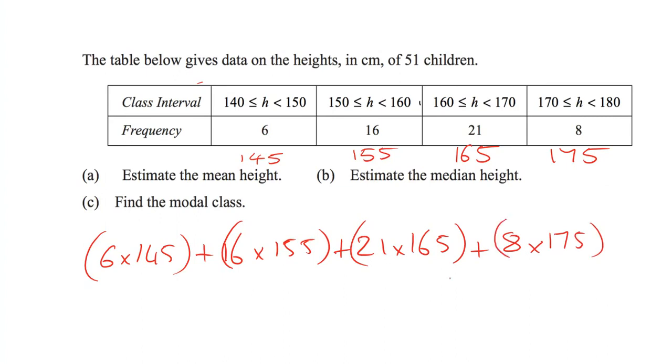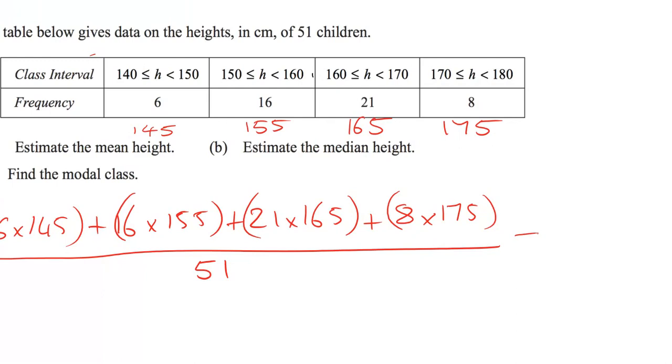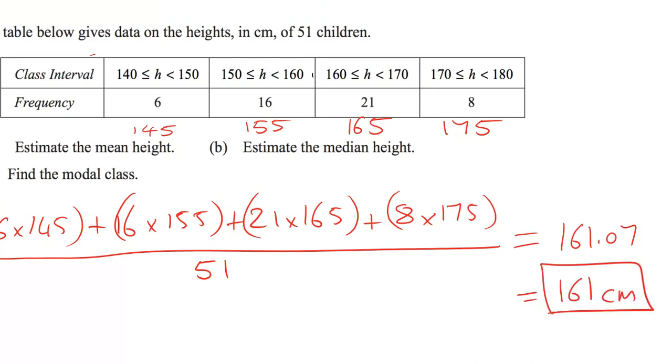If we do that, we're going to have the sum of all the heights, or an estimate of it anyway. So we're going to take that and divide by 51. And if we do that, we're going to have 161.07. Let's round that to the nearest centimeter. We're going to say that the mean average is 161.